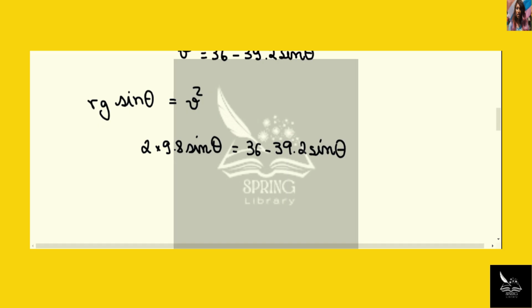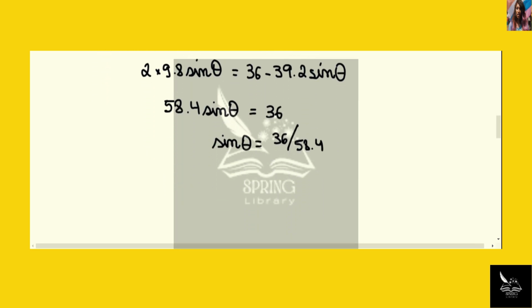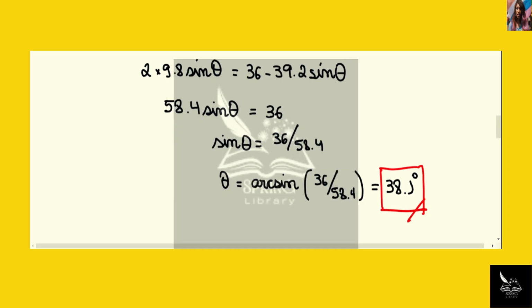So we have that 58.4 sine of theta is equal to 36. So the sine of theta is 36 divided by 58.4, which means that theta is equal to the arc sine of 36 divided by 58.4, which is equal to 38.1 degrees, which is the answer to our exercise.